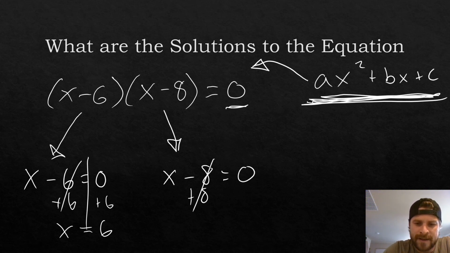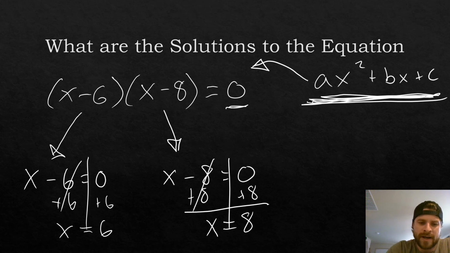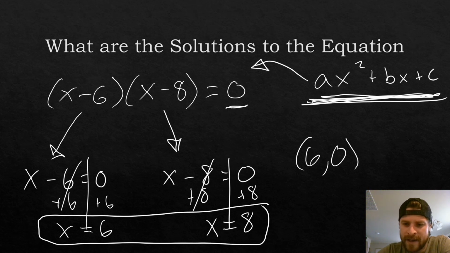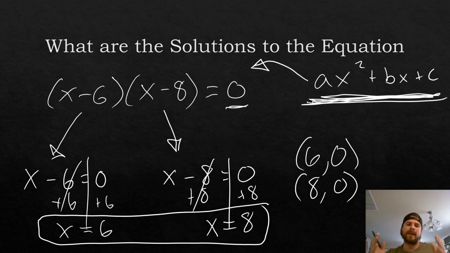Add 8, which cancels, x equals 8. So our two solutions are x equals 8 and x equals 6. That gives me (6, 0) and (8, 0) as my two points where my parabola would cross the x-axis. Okay, hopefully this makes sense to you all, and good luck.